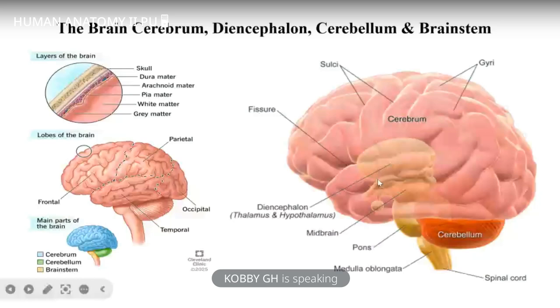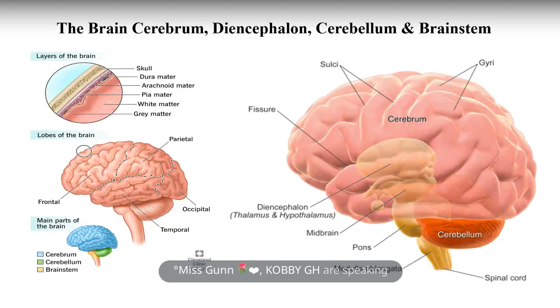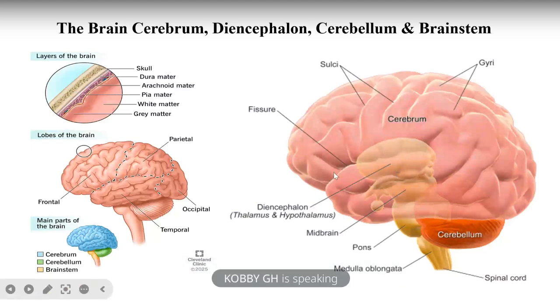You see, right from the interbrain, you are going to the cerebrum. The reason why we call it interbrain is because it's considered in between the cerebrum and the brain stem, but it's part of the brain stem. So the diencephalon, you can also call it the interbrain.